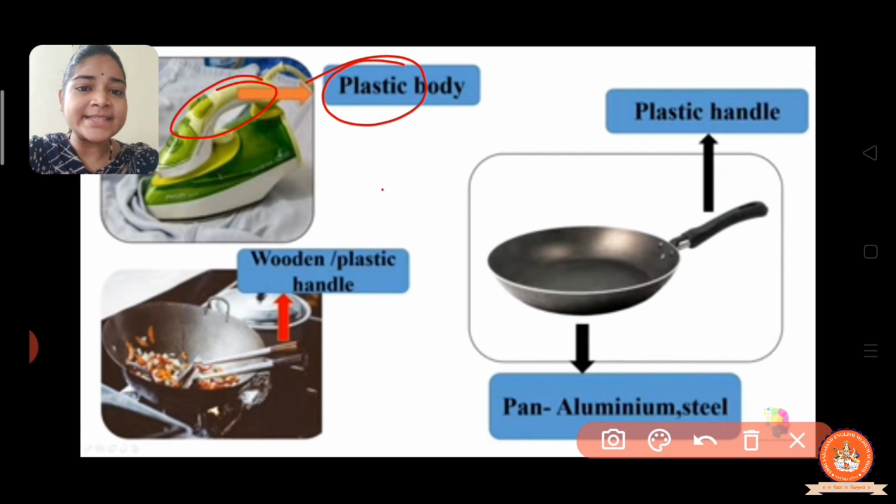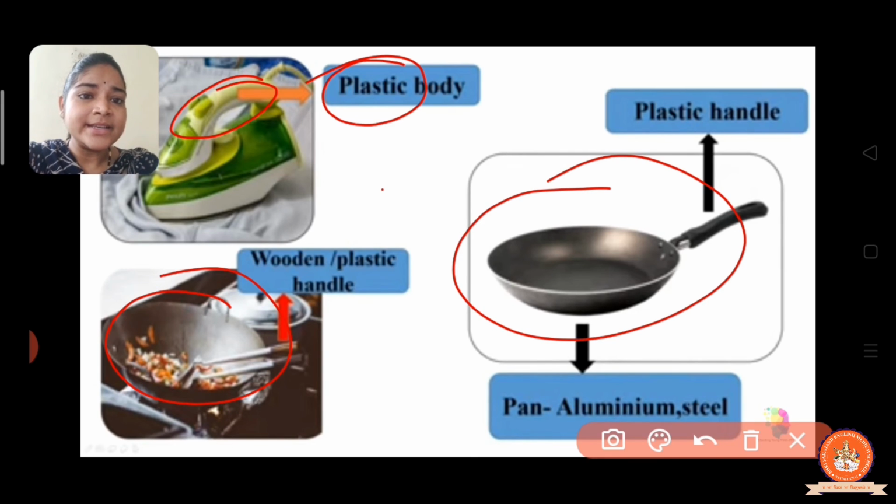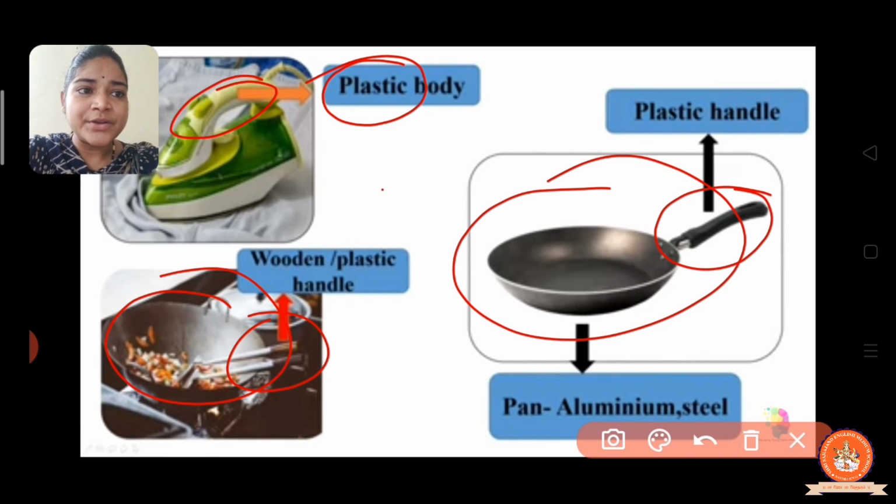Now the second example is a frying pan. The handle of a frying pan is always made of plastic or wood, because plastic and wood are both insulators. It means heat cannot transfer through them. They are poor conductors of heat.